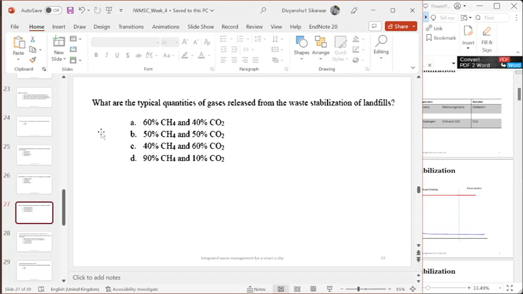There will be anaerobic digestion. In anaerobic digestion, what is the general average range of methane and CO2 generated? If we don't put any organic or biodegradable waste, then there will be no methane.